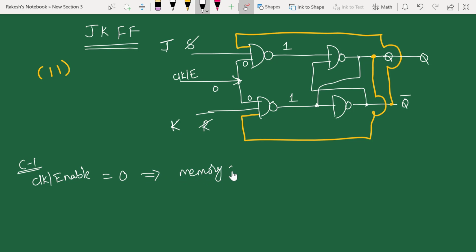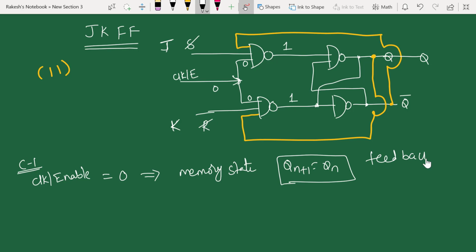It will be in the memory state. That means when the clock or enable is 0, your circuit will be in the same state, whatever state you had in the previous state, irrespective of your feedback, your Q and Q bar as well as your J and K inputs also. This is the first condition we are supposed to consider.